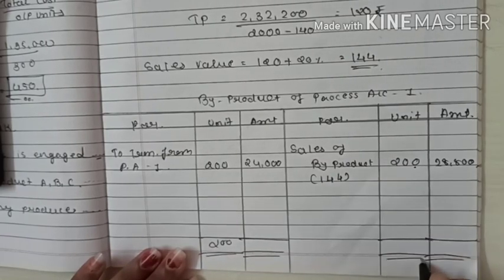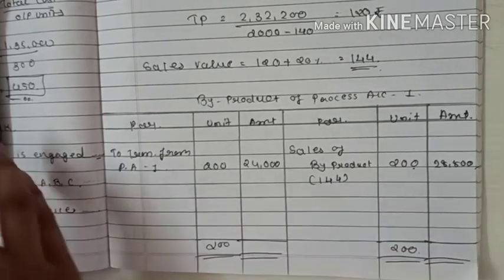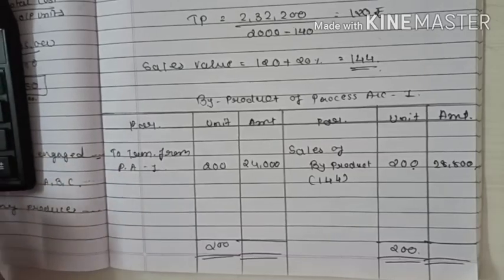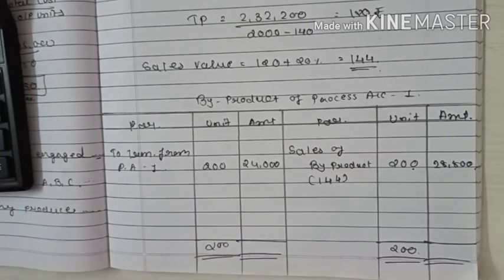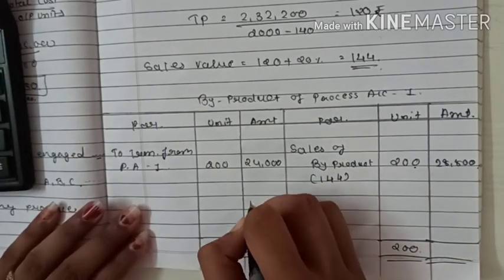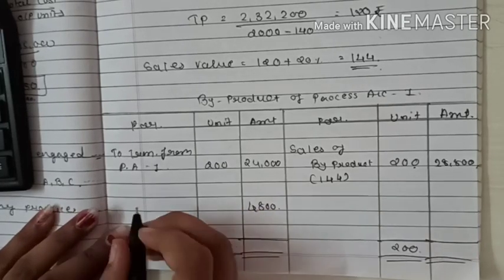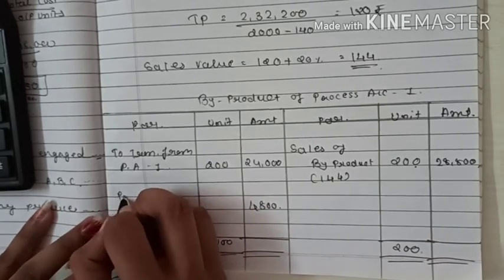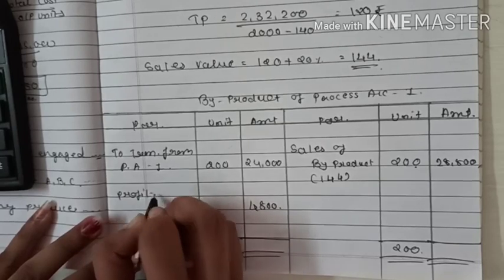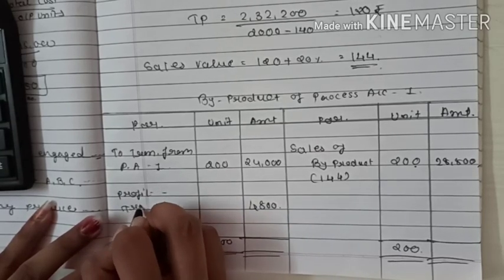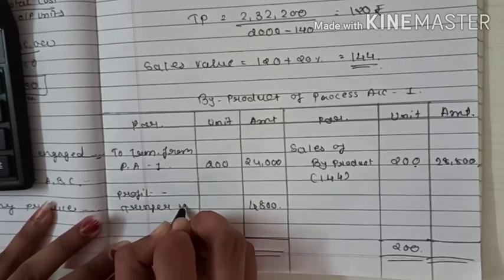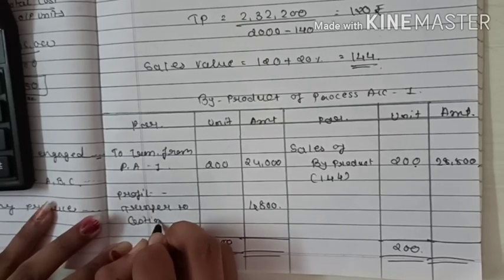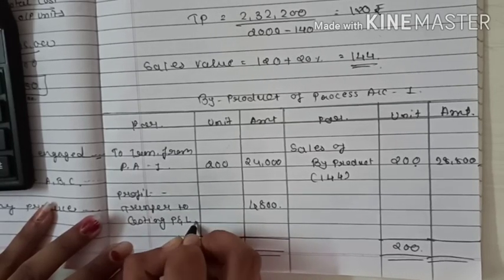28,800 minus 24,000 is 4,800. What is this? This is a profit. Transfer to costing P&L.